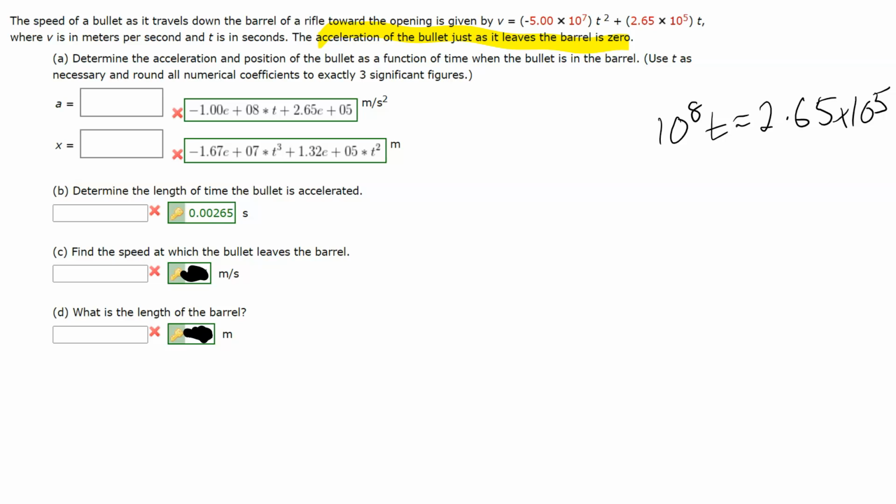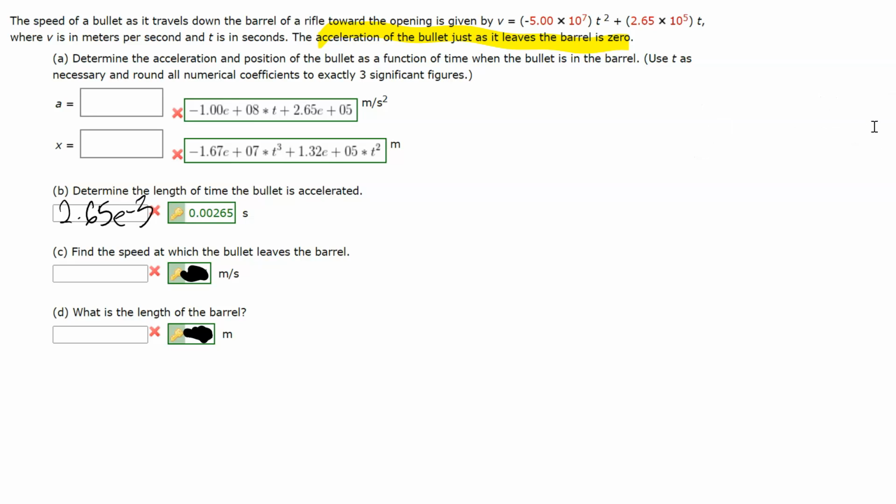And we get 10 to the -3 as our new value. So it's going to be 2.65 times 10 to the -3, or 2.65e-3. Or you can just put it in as a decimal like they do there. Next part.